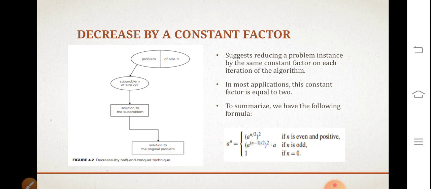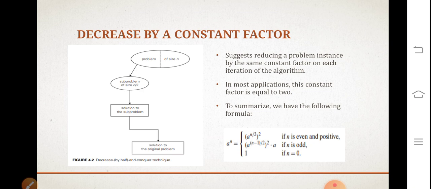In most applications, this constant factor is equal to 2. That is the decrease by half idea.